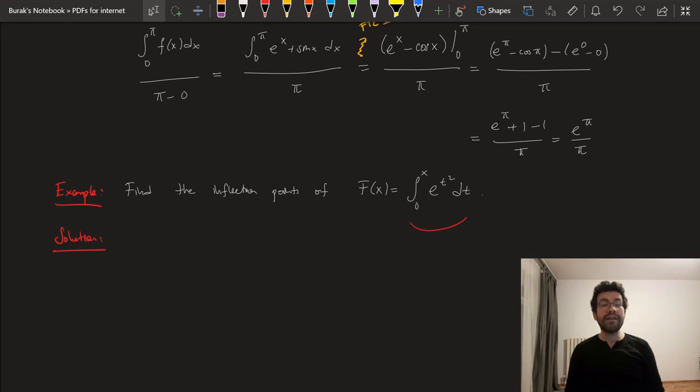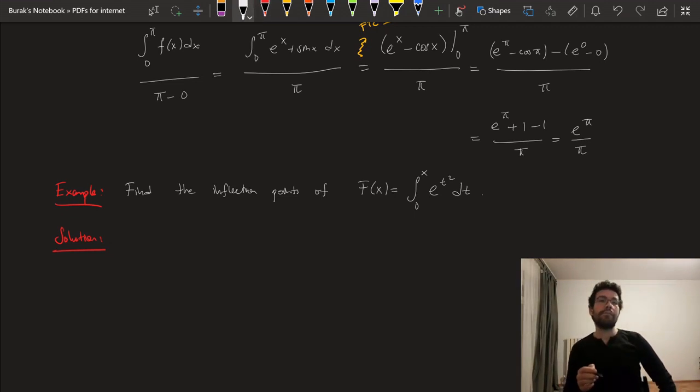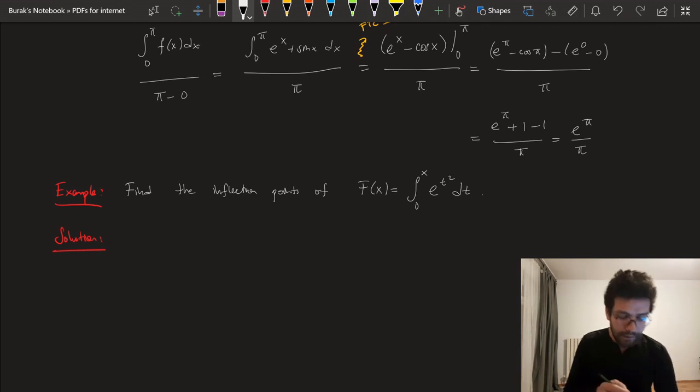Even with the integration techniques that you're going to learn, you will not be able to express an antiderivative of this function in terms of the elementary functions that we've been using. So the point is, I can't write out F explicitly in terms of elementary functions, but I don't need to, because I don't need F. I need its second derivative.